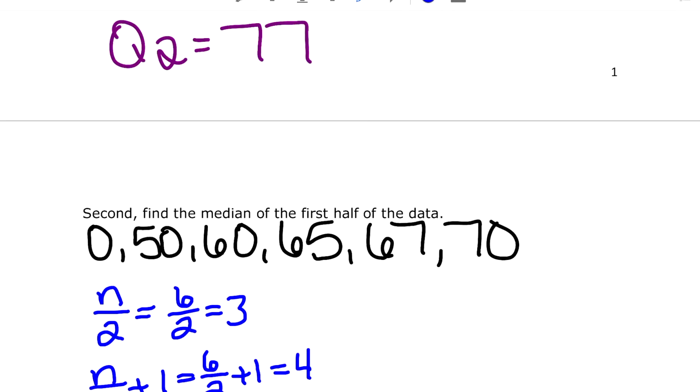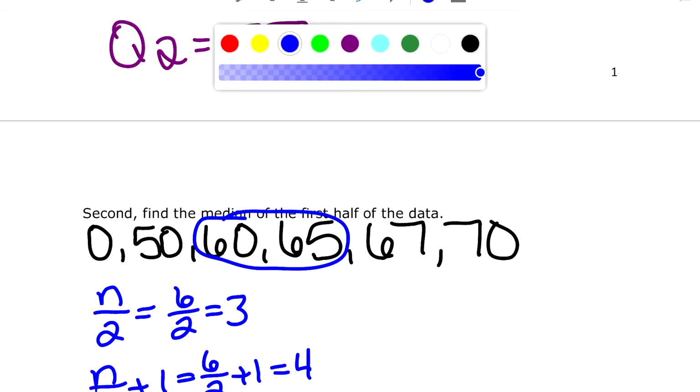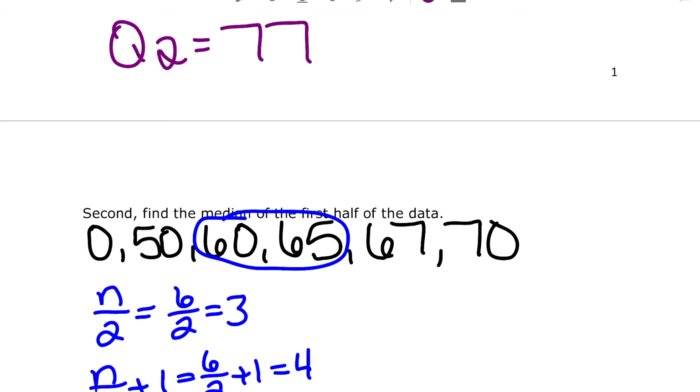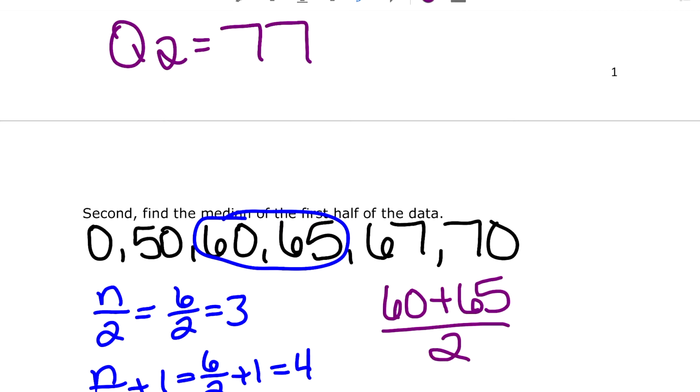So I need to go find the third and the fourth values. 0 is 1, 50 is 2, 60 and 65 are 3 and 4. I'm going to find the average, or the mean, of these two numbers by adding them together and dividing by 2. So 60 plus 65 divided by 2 is 62.5. So my Q1 is 62.5.